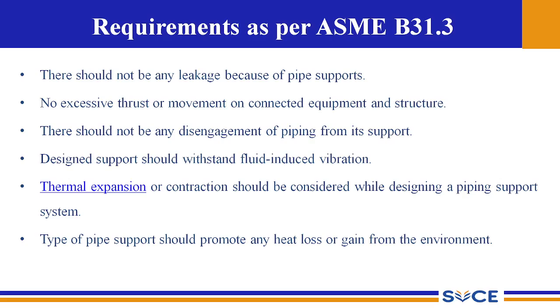So after installing a support such as a hanger support, the support should be stiff enough to hold the entire weight of the piping, and it should prevent the swaying of the piping due to seismic loads, occasional wind loads, vibration and so on.